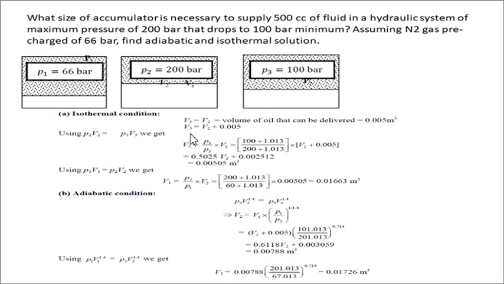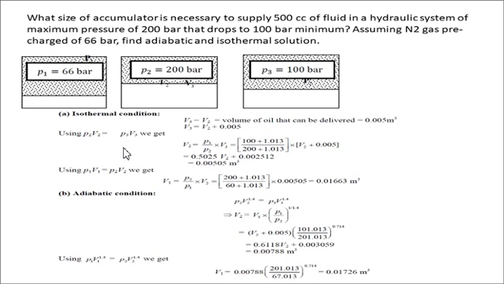That means V3 is equal to V2 plus this amount of fluid, 500 centimeter cube. That gives you V3 is equal to V2 plus 0.005. So the V3 value is calculated.